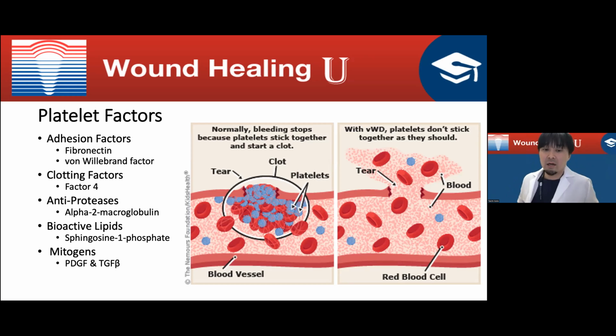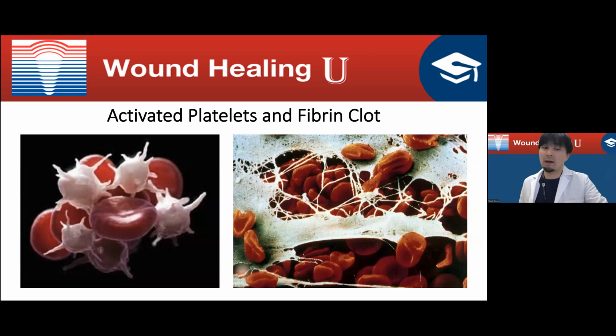On the other hand, we want to focus on other types of deficiencies that generate excessive blood clots as risk factors for leg ulcers. And these images show activated platelets and fibrin clots when you get injured.